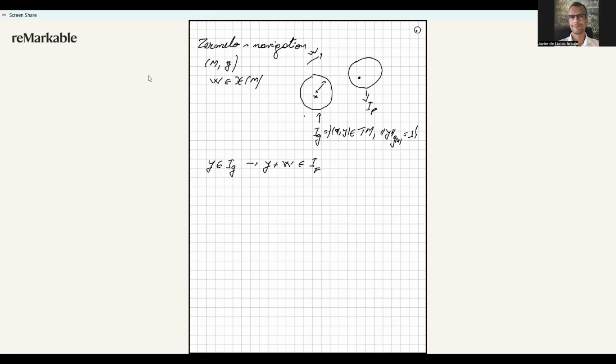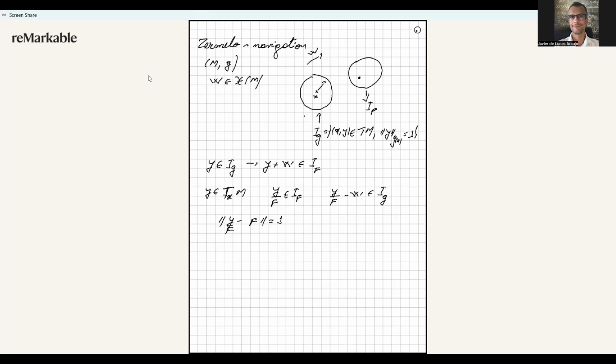But think a little bit differently. I want to derive f. So take y arbitrary in T_xM with some f which I don't have yet. y over f will belong to the indicatrix. That means y over f minus w belongs to the g-sphere, that is, the norm of y over f minus w is 1.